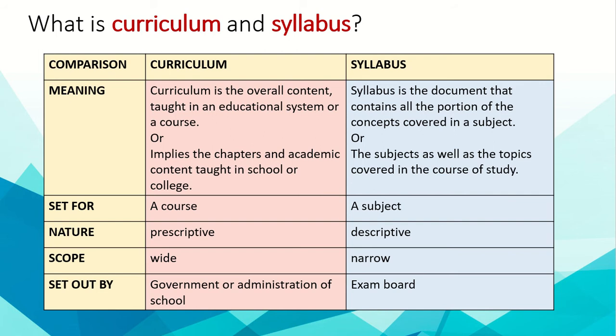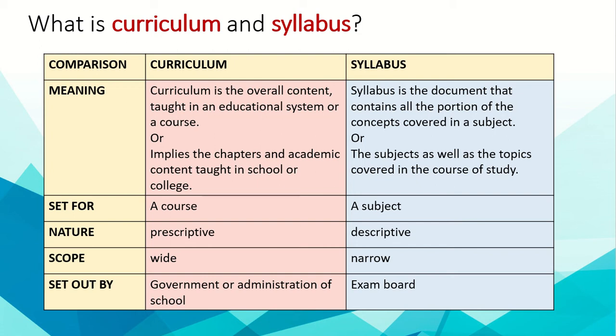Next, what is curriculum and syllabus? Curriculum is the overall content taught in an educational system or a course. It can also imply the chapters and academic content taught in school or college. It is set for a course, has a prescriptive nature, and the scope is wide.